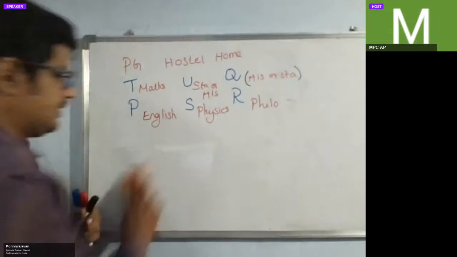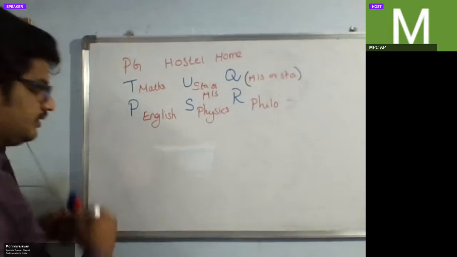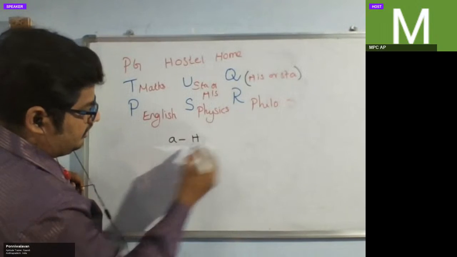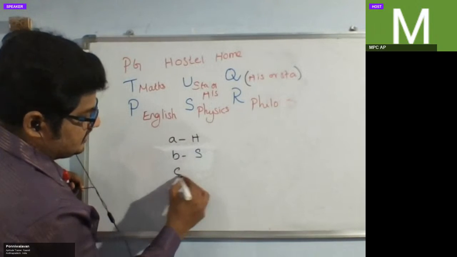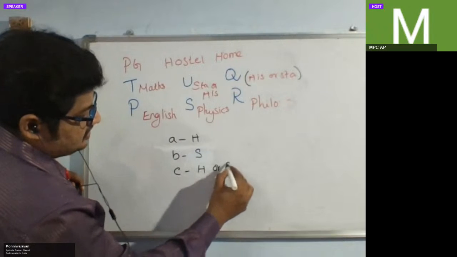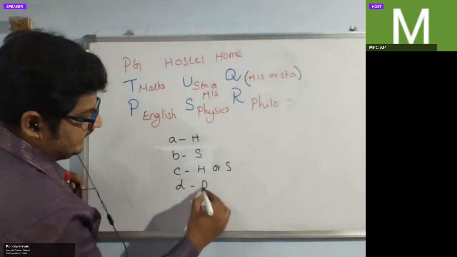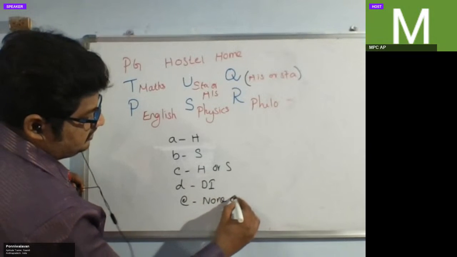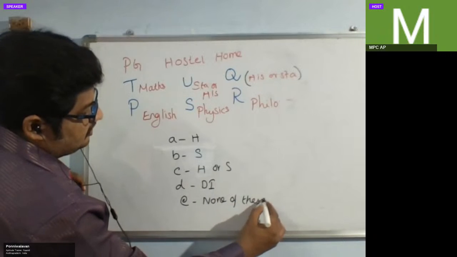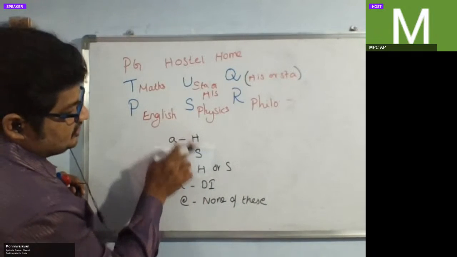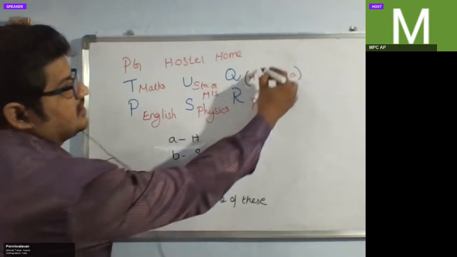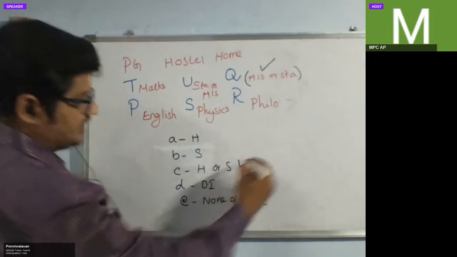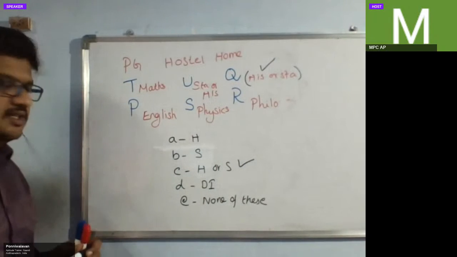The options are A, history, B, statistics, C, history or statistics, D, data inadequate, E, none of these. What information did we get? History or statistics. So this is the answer.